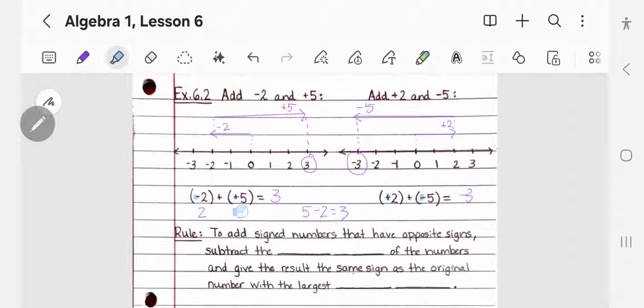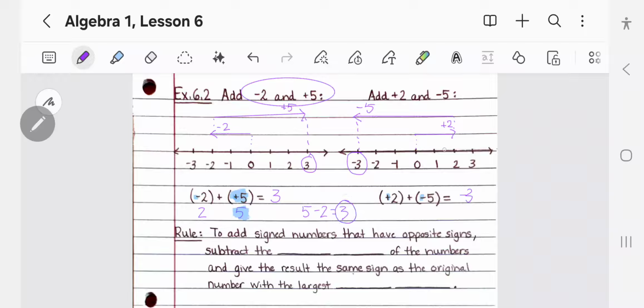Notice that 5 is the largest absolute value, and 5 was positive. And if you think about that, the one with the larger absolute value means we went more in that direction. The 5 is bigger than the absolute value of negative 2, which is 2. And I went further to the right than I went to the left. So I'm going to end up on the right, so it should be positive.